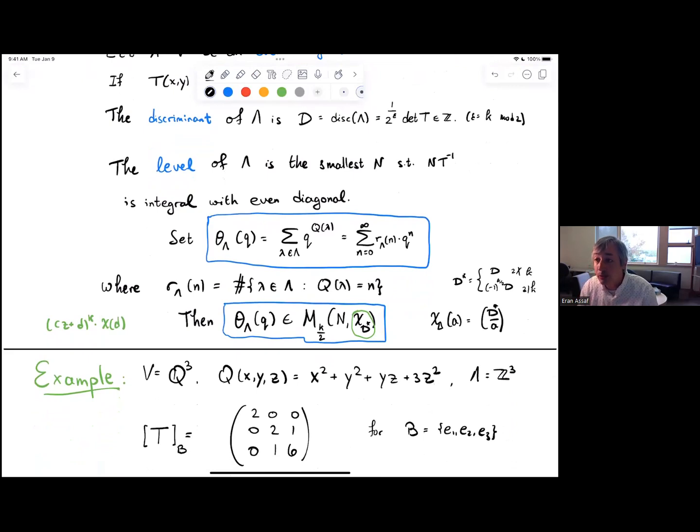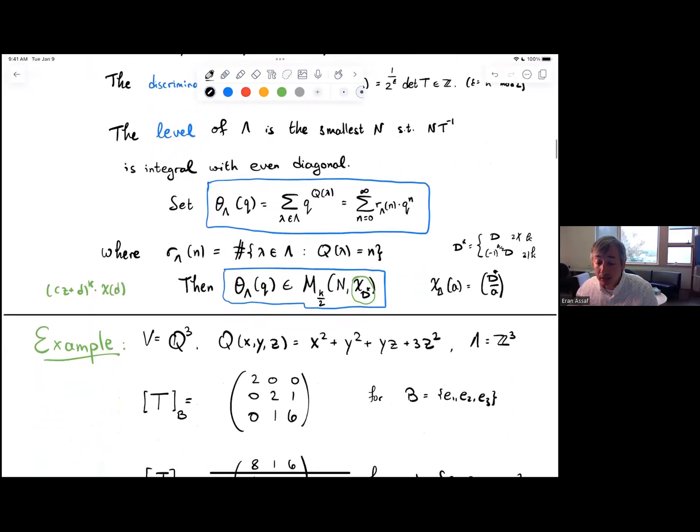And our lattice will just be the standard lattice. Writing the Gram matrix, the matrix for the associated bilinear form, in the standard basis, we get this bilinear form. It's easy to see that the determinant is 22. So in this case, the discriminant is 11.